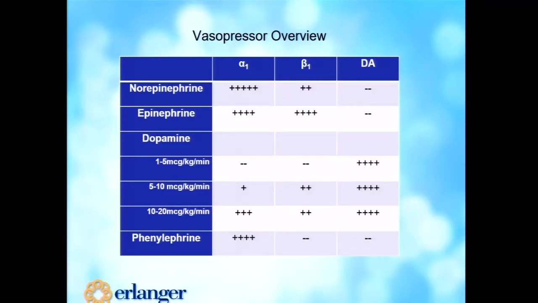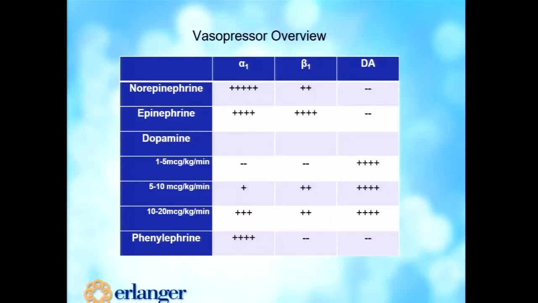Then looking at dopamine, dopamine is my least favorite vasopressor because it's not really clear what receptors you're going to hit all the time, depending on what dose you're at. And it's just not very desirable. You can see that it hits mainly the dopamine receptors at the really low dose.